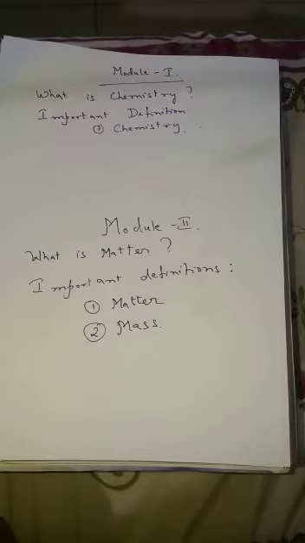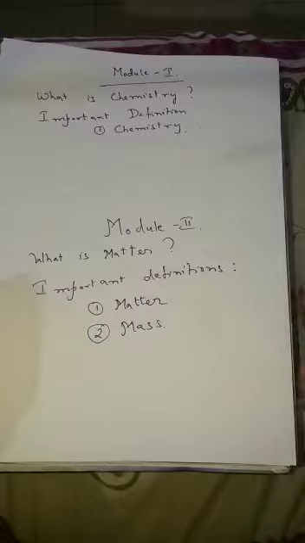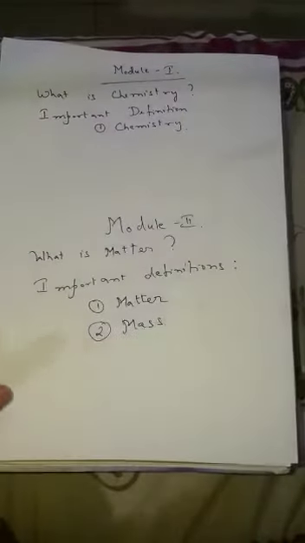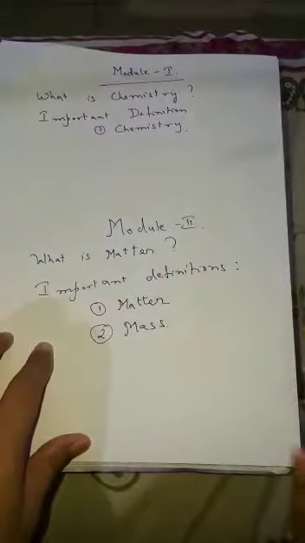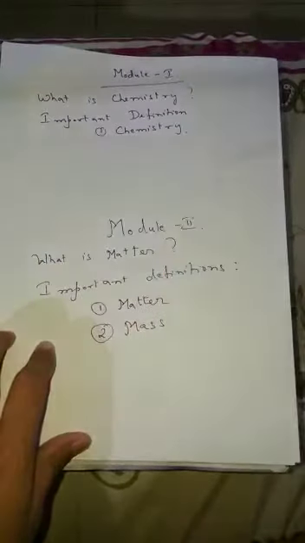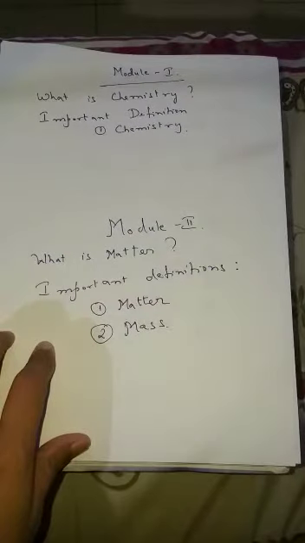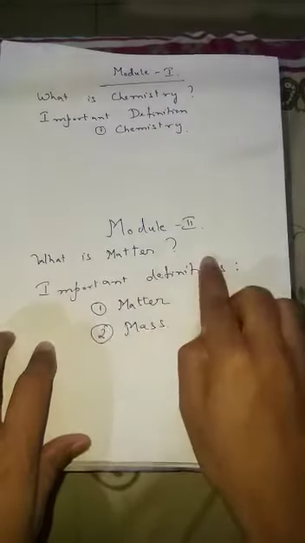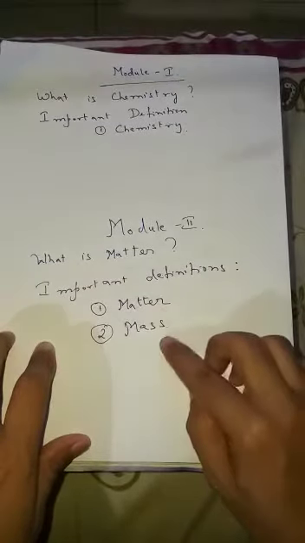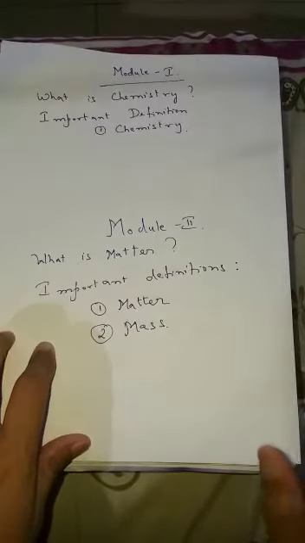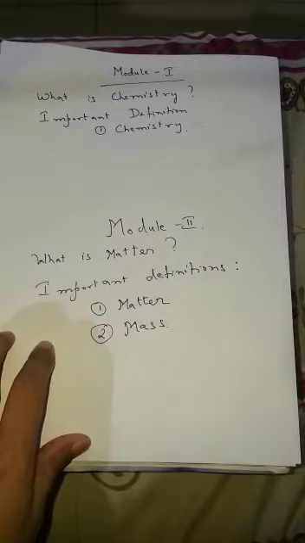In module 1 we studied the most important question, what is chemistry, and the most important definition that we studied was chemistry. In module 2 we studied what is matter, and the important definitions that we studied were matter and mass. So this is how you are supposed to study for your examinations also.